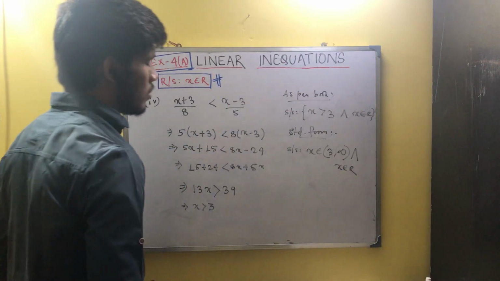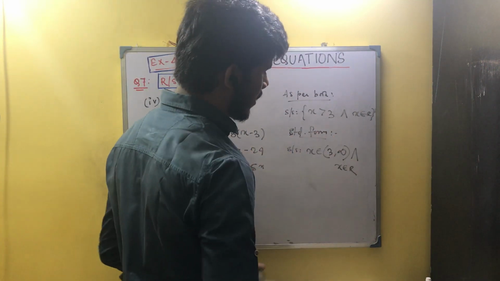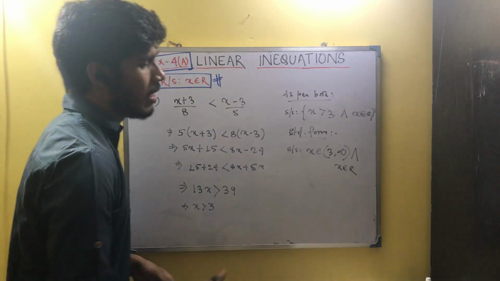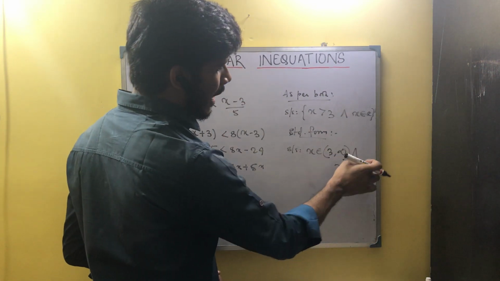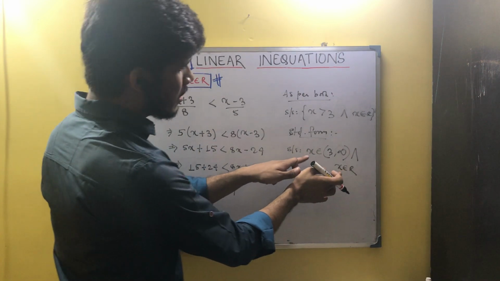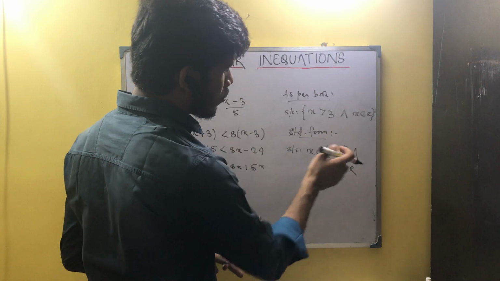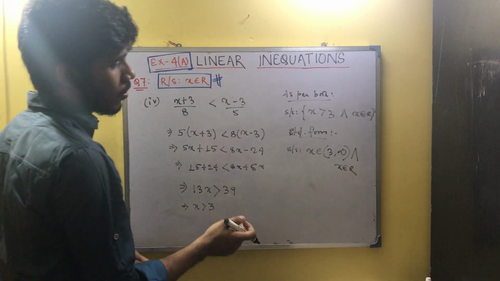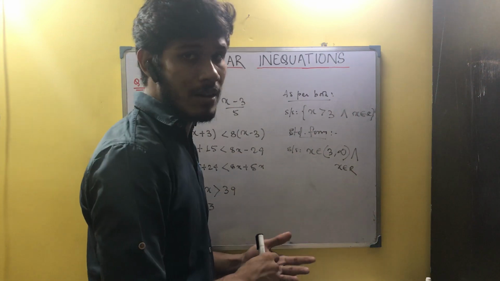Okay, so this is quite easy to interpret, when I say this is true when x belongs to R. Actually this means this and x belongs to R, both need to be satisfied. So by both these statements, that is x belongs to (3, infinity) and x belongs to R, I get to understand that I am talking about all the real numbers.